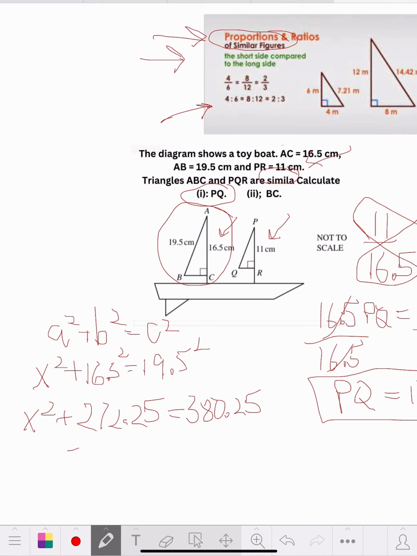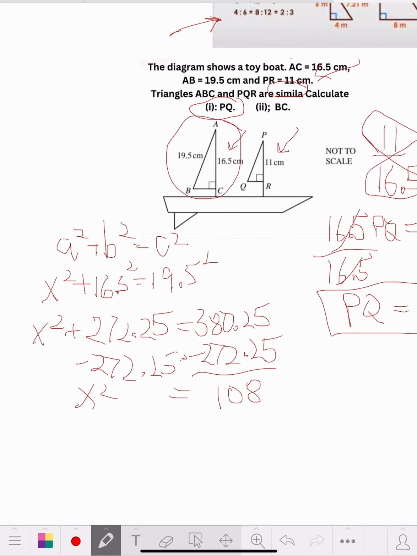What we do to this side, we do the same to this side. What do we get? This comes down to 108 equals x squared.